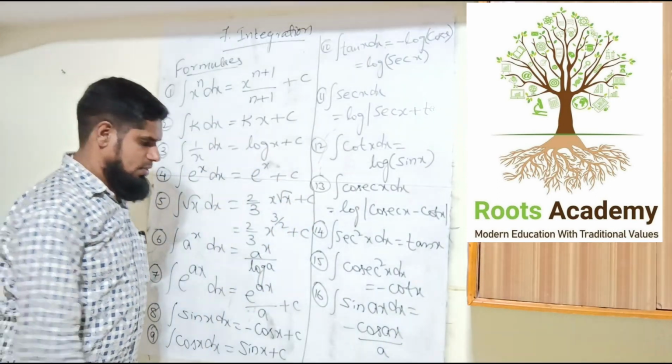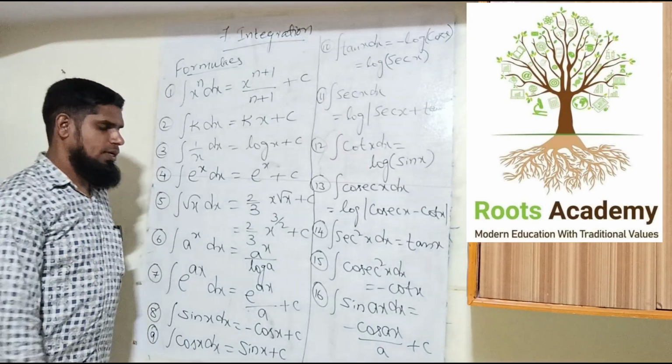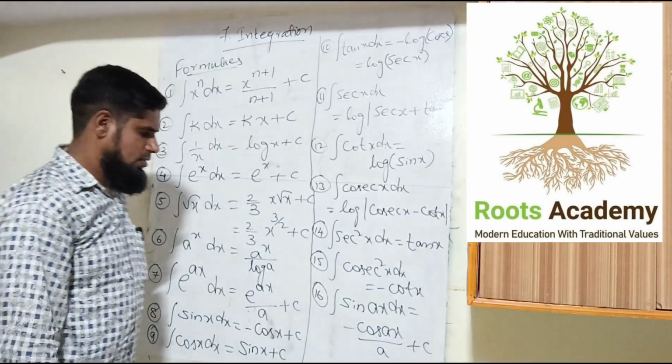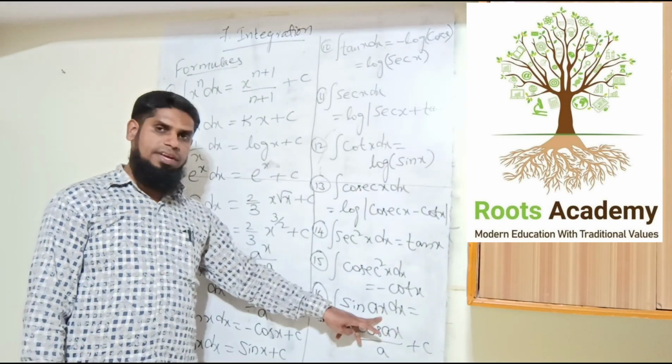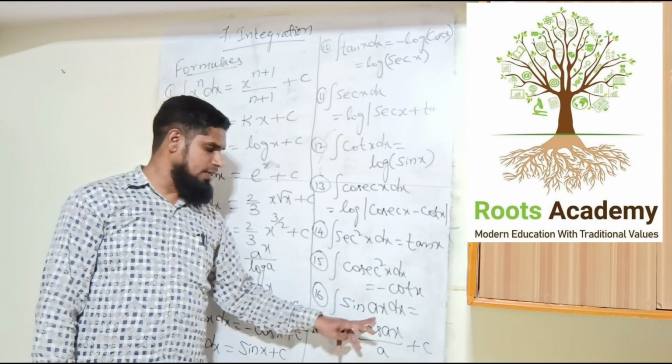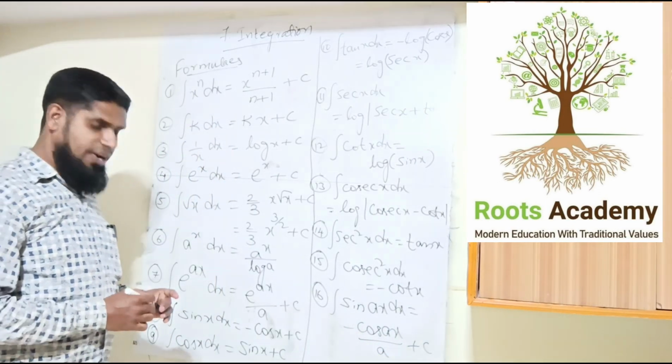Of course, plus c is there here. It is like this. So for every function, wherever a multiple angle comes, we should be very careful that we write that value in the denominator after integration.